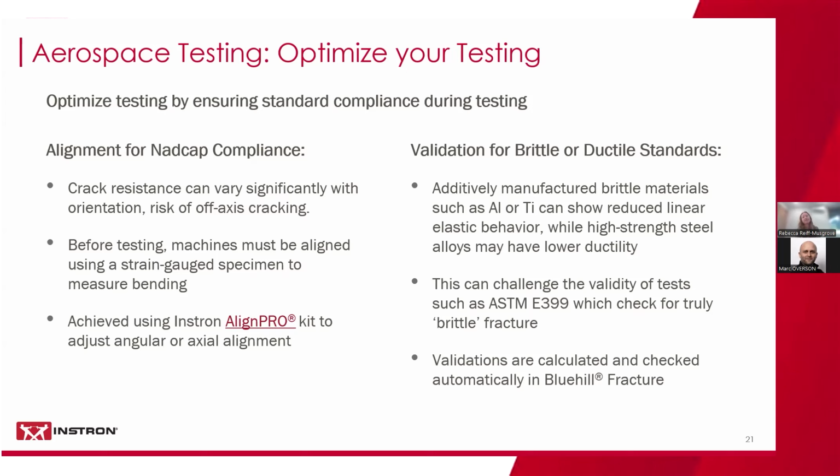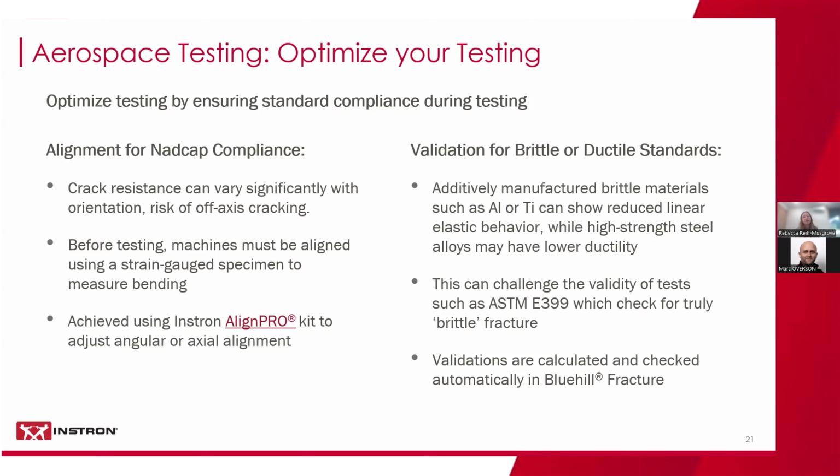The other part is validation. So I've put here validation for brittle or ductile standards. As I mentioned before, we had the K1C and J1C tests. So with a brittle sample, such as aluminium or titanium, what we've seen experimentally is that you can sometimes see reduced linear elastic behavior with these, so they become less brittle.